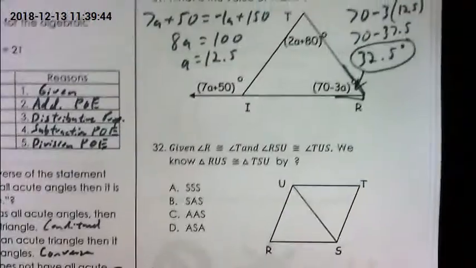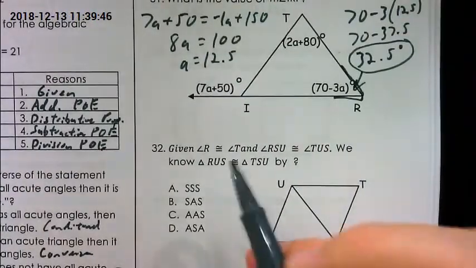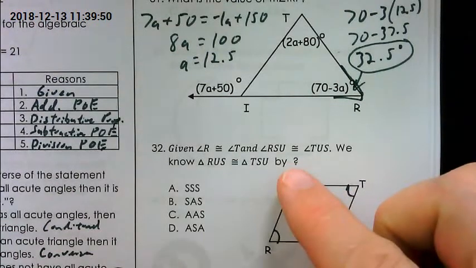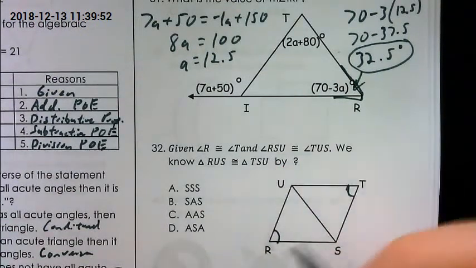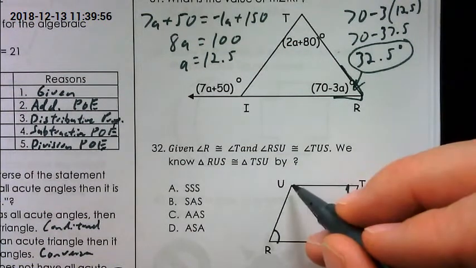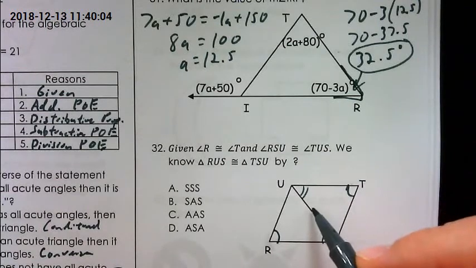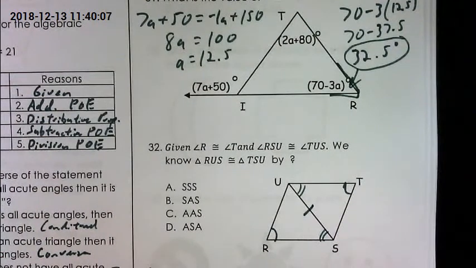All right, 32. Given R is congruent to T, so mark the figure. And angle RSU is congruent to TUS. We know that these two triangles are congruent by, well, we only have two pieces marked, but we also know this one in the middle is being shared because of the reflexive property.